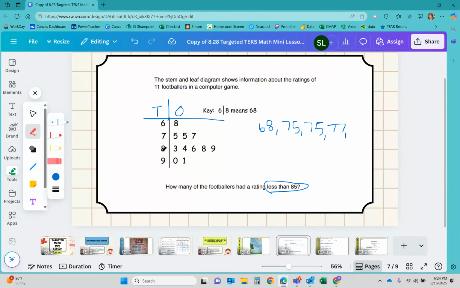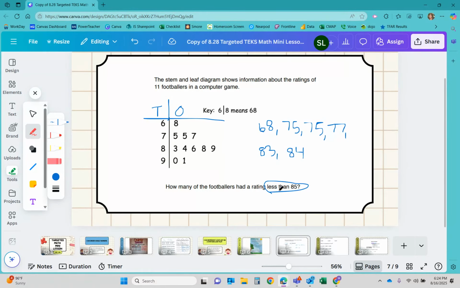And then I go to my 80s. I have an 83, 84, and then I have an 86, an 88, an 89, a 90, and a 91.